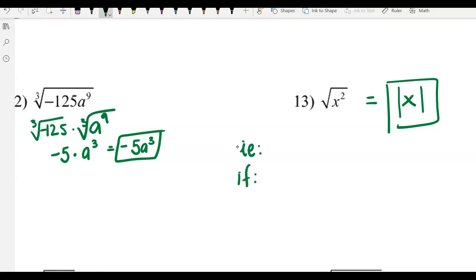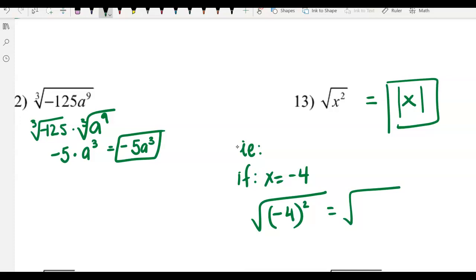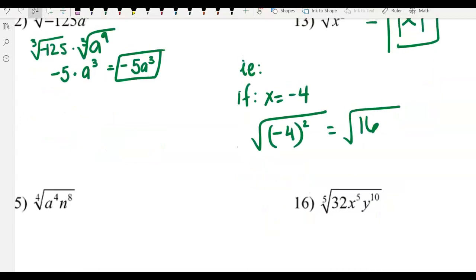If x is -4, what would that give us? Square it for me. What's -4 squared? 16. Look at this basic math. But the square root of 16 is straight up what? 4.